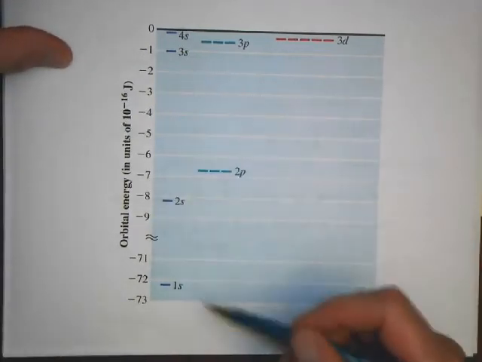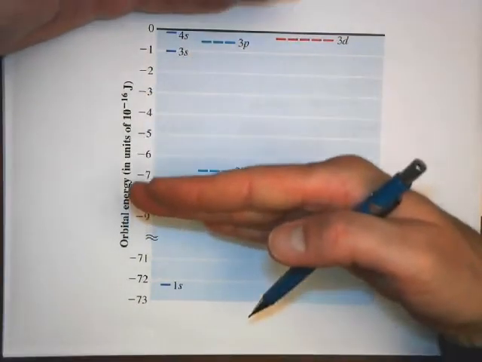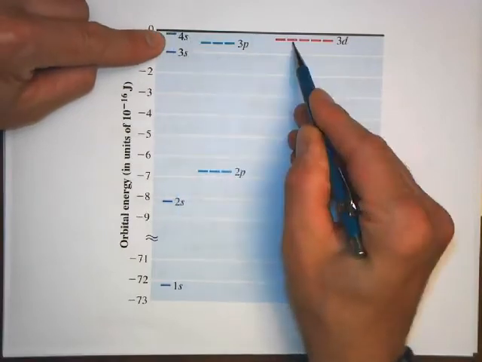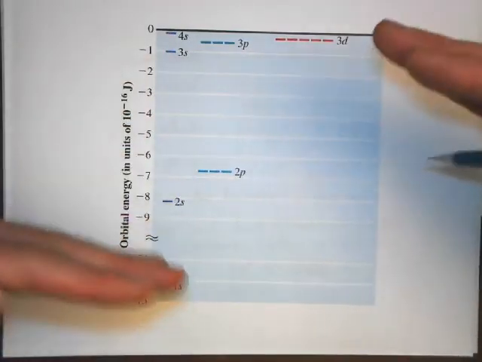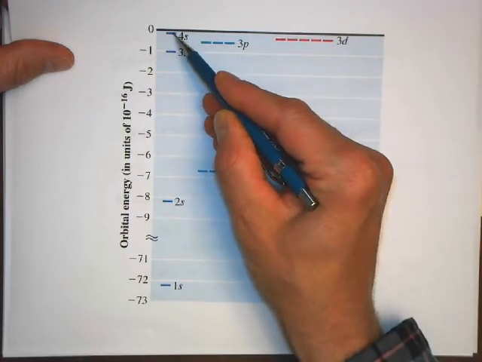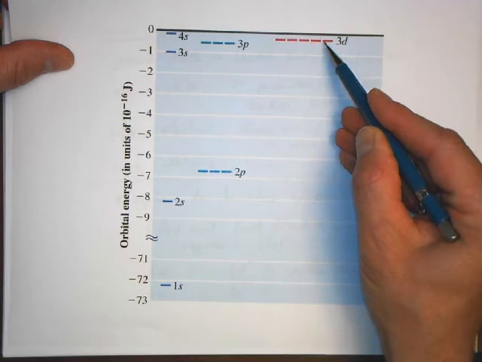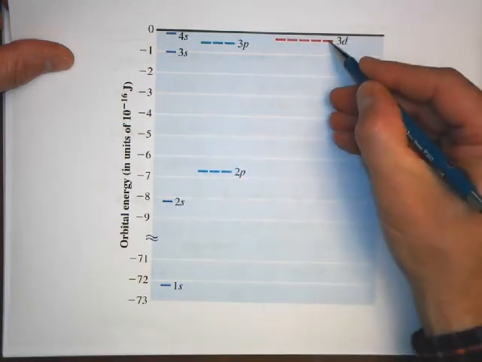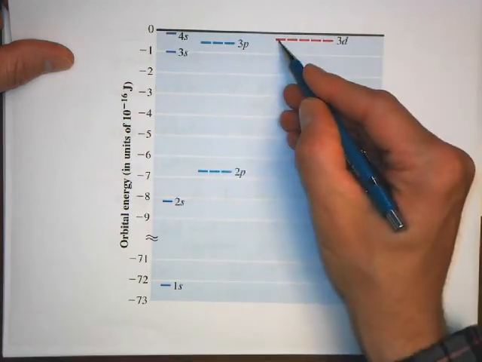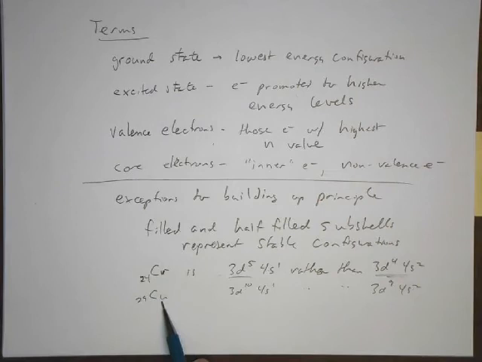As we get higher in energy, the differences become less and less, and the difference between the 4s and the 3d is very tiny. So it takes very little energy for the 4s electron to populate the 3d orbital. The atom essentially gets energy by doing that, making a filled or half-filled 3d orbital with chromium and copper.